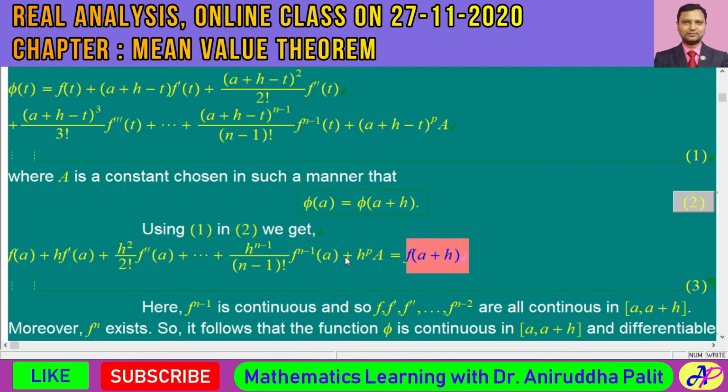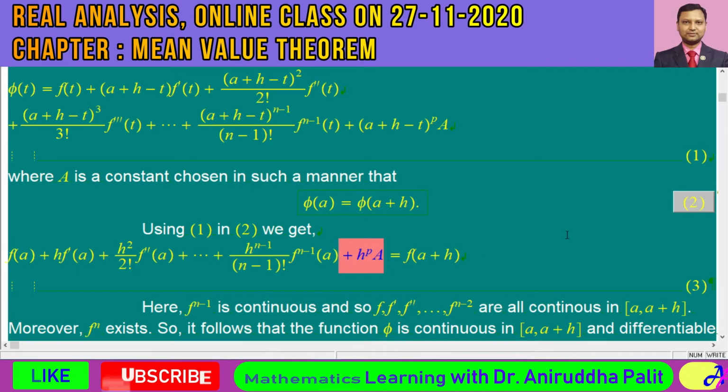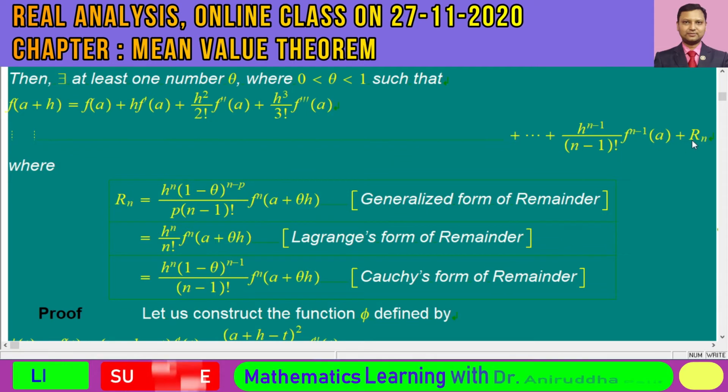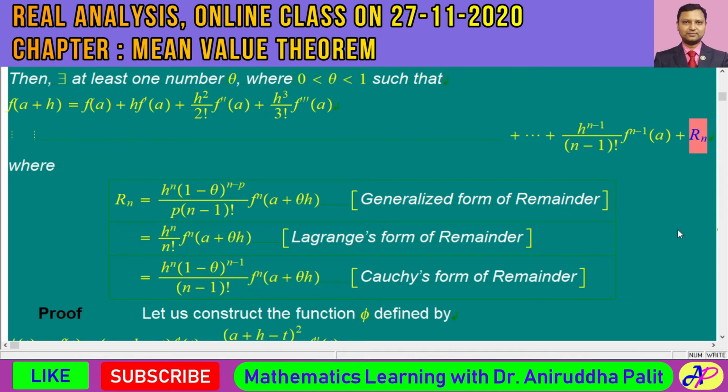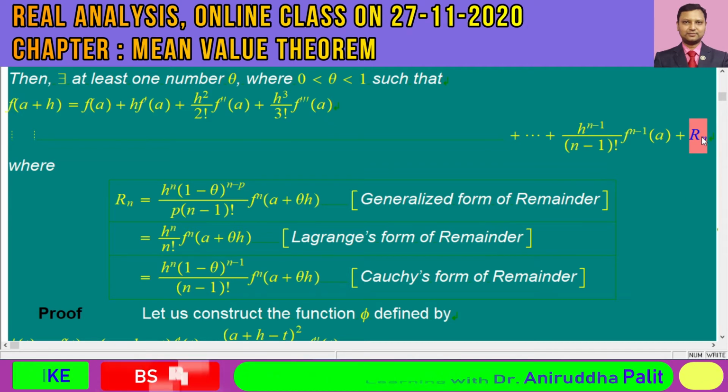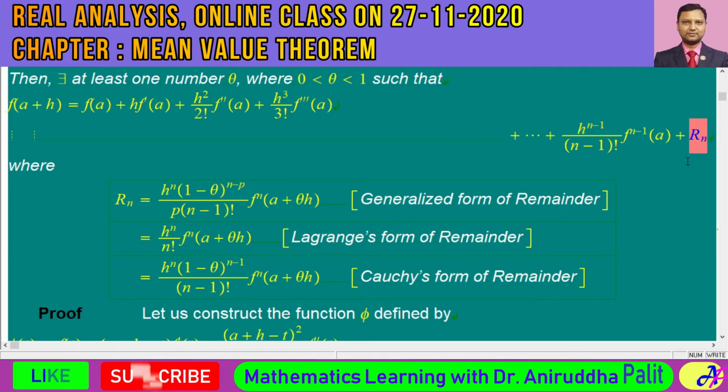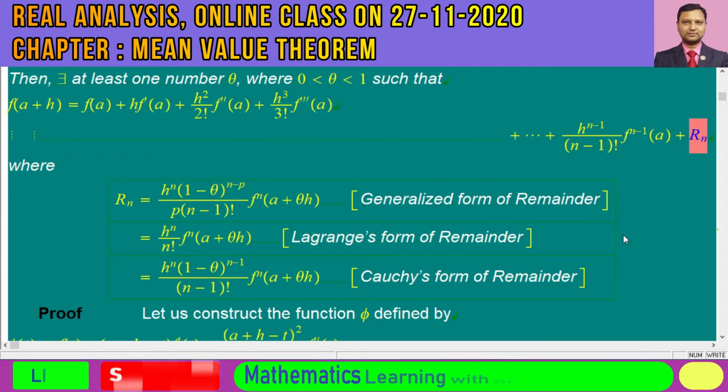So this is the extra term that would contribute to construct the remainder Rn after n number of terms. R suffix n refers to the fact that this is the remainder after n number of terms.